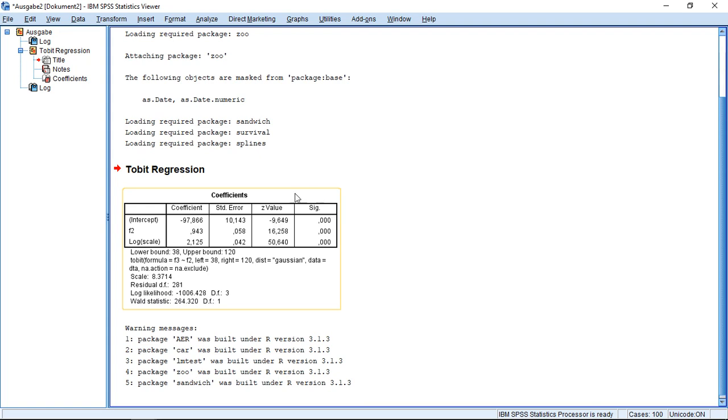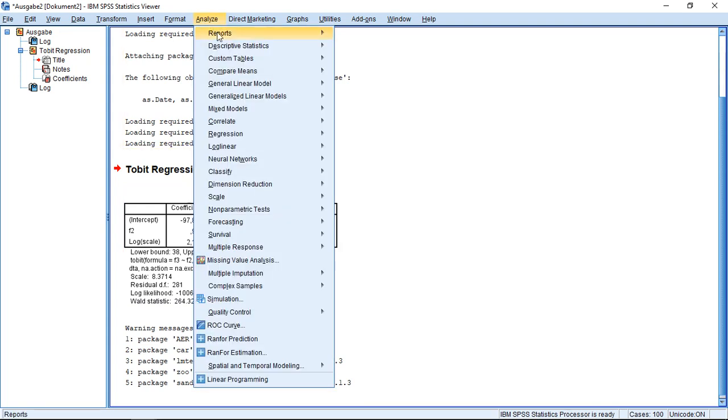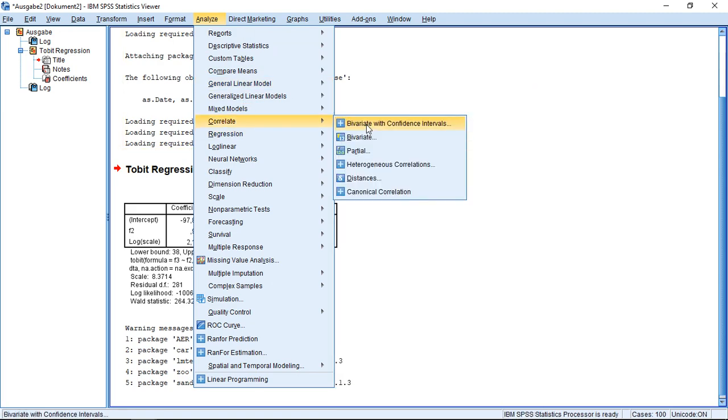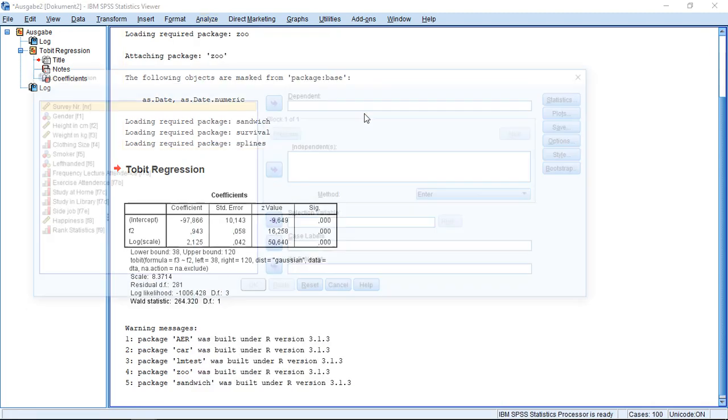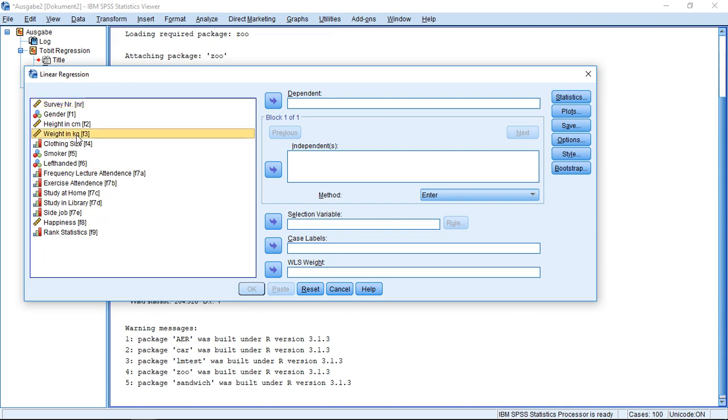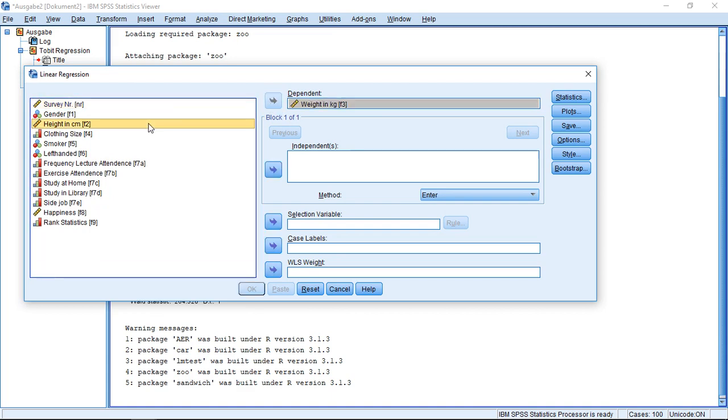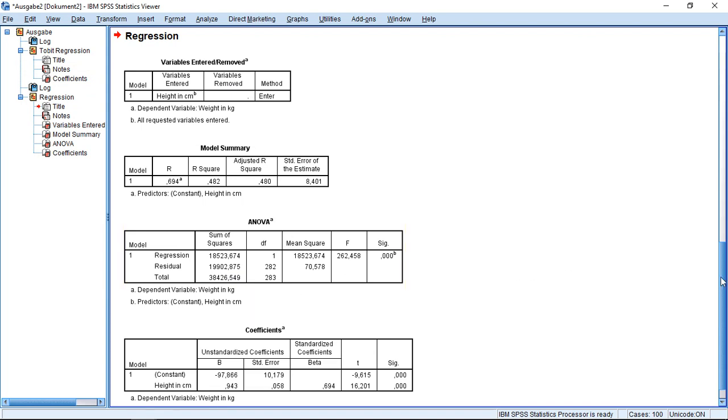Just to show you that those results are not really biased, I will just conduct a normal linear regression. Here I go to linear regression. Again, dependent is weight, independent is height. Conduct this regression. And here I see I have a constant of minus 79.866 and a height of 0.943.